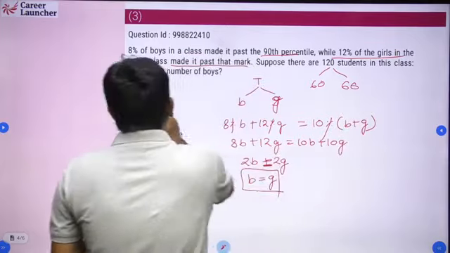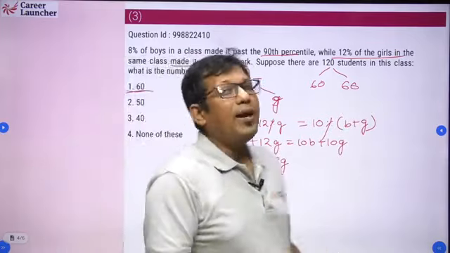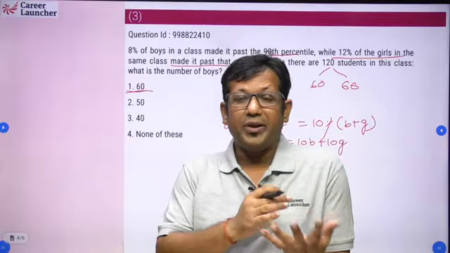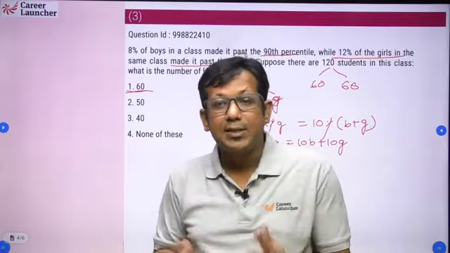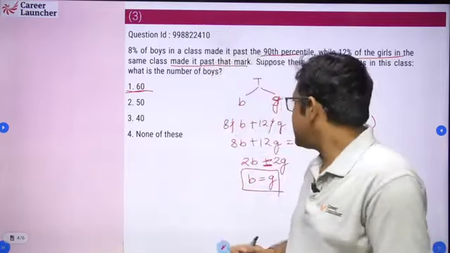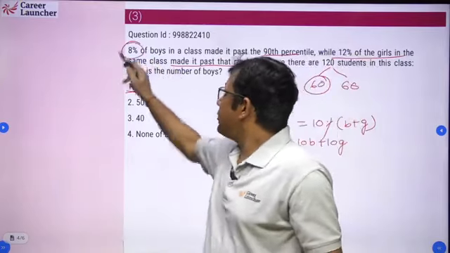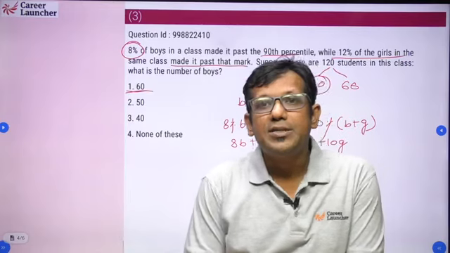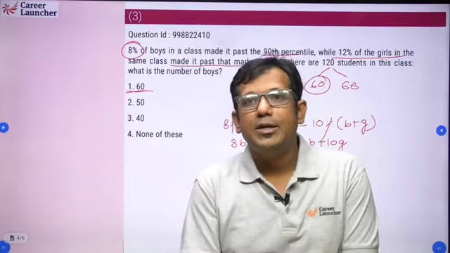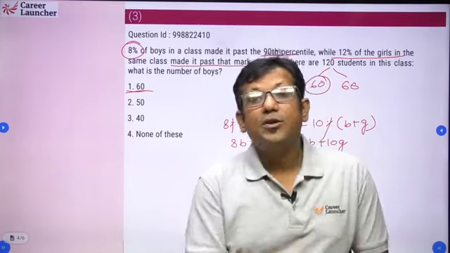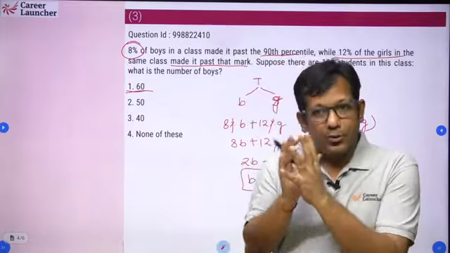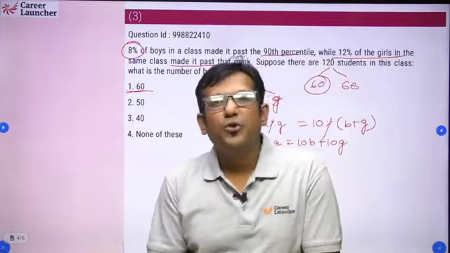Now if you look, they have given the answer as 60, so you might think it is right. When you are calculating, it matches the answer. But the problem here is we have 60 boys, and 8% of the boys must be an integer. But 8% of 60 is 4.8.